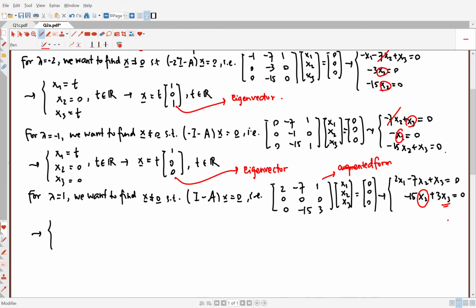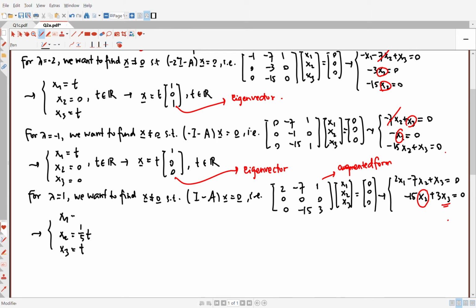So it should work, right? Let's make x3 to be t. So x2 is just 1 over 5 of x3. So x2 will be 1 over 5 of t.